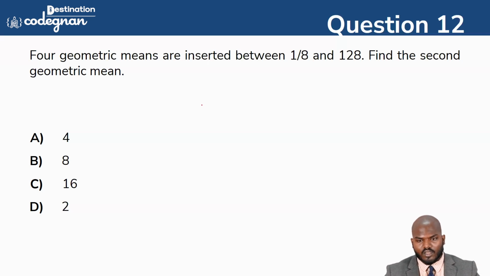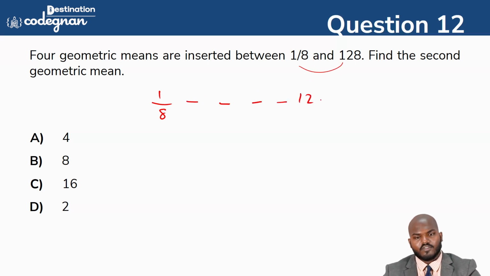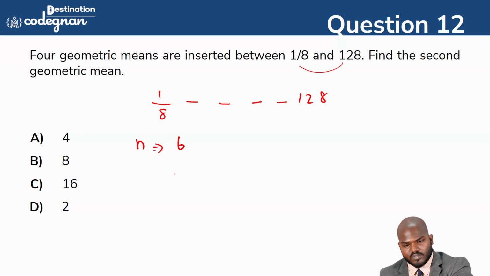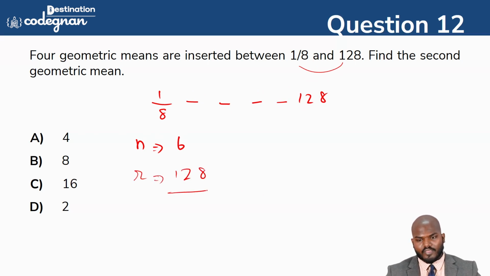First of all, the total number of terms is 6. 1 over 8 is here, and 4 terms are missing, coming between these values. So totally the number of terms we have here is 6. Coming to this one, guys, we can find the ratio: that is 128 over 1 over 8.